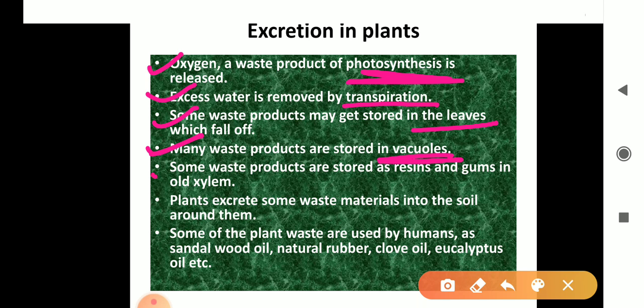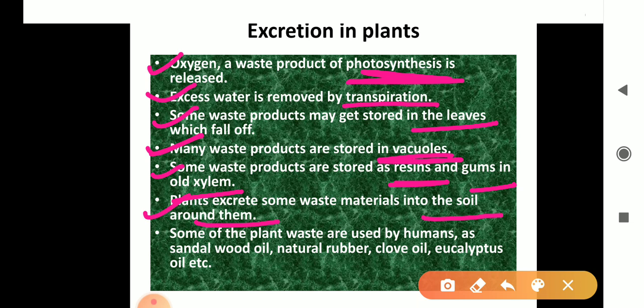Then some waste products are stored as resins and gums in old xylem. Then the plant excretes some waste material in the soil around it also.